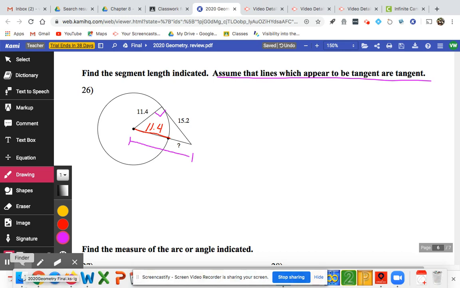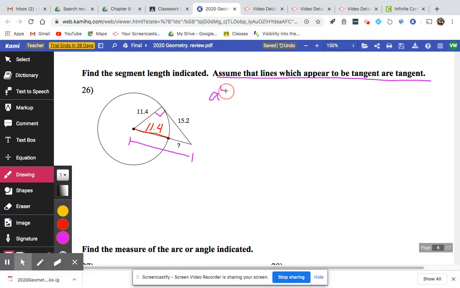To do that, we use the Pythagorean theorem because I have a right triangle. And that's good old a squared plus b squared equals c squared. A and b are my legs, so that's 11.4 squared plus 15.2 squared equals c squared. I'm not going to make it overly complicated.